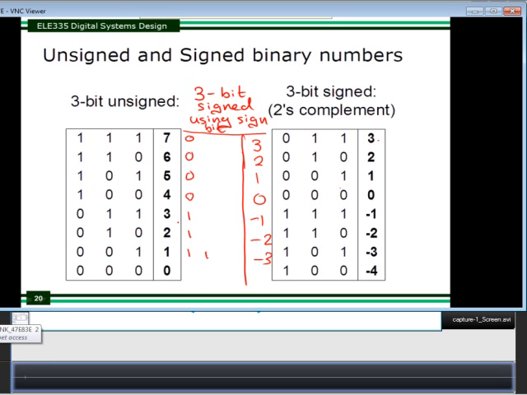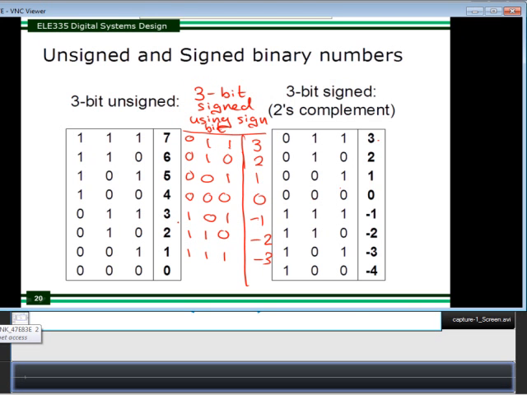-3 is 1, 1, 1. -2 would be 1, 1, 0. -1 would be 1, 0, 1. 0 is always 0. +1 is 0, 0, 1. +2 is 0, 1, 0. +3 is 0, 1, 1. Okay?